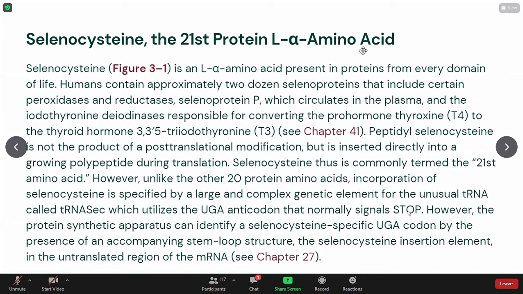When you say stop, that's the end of the translation, meaning it is a period.